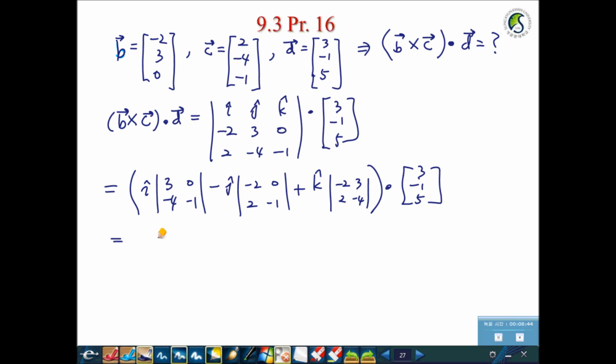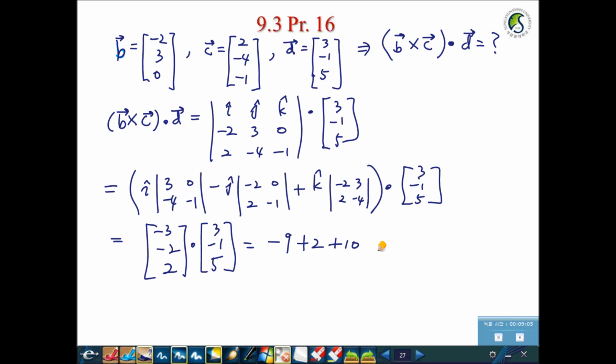So that's -3, and that's -2, and that's 8 minus 6, so it's 2. And the dot product with (3, -1, 5) is -9 plus 2 plus 10, which is 3. Okay? All right.